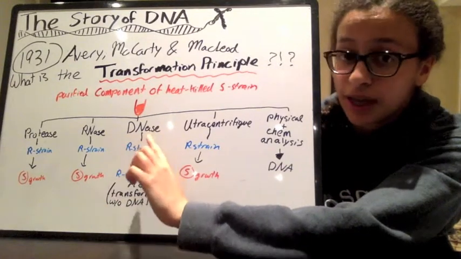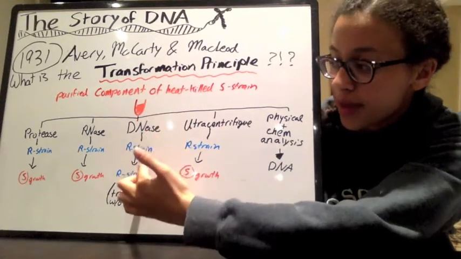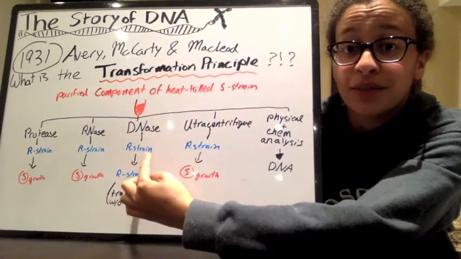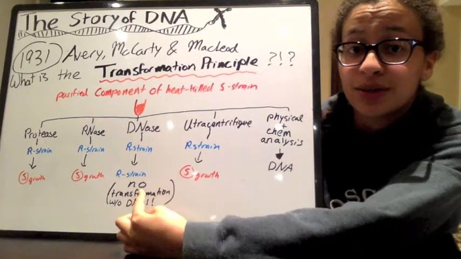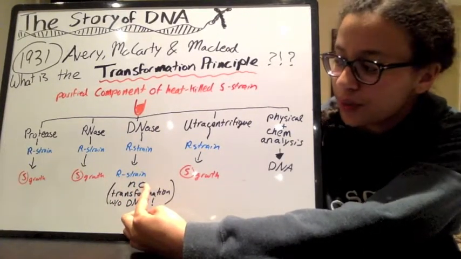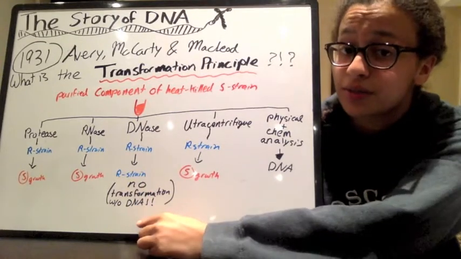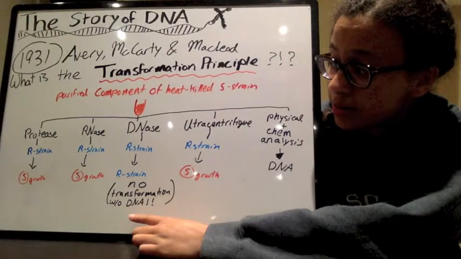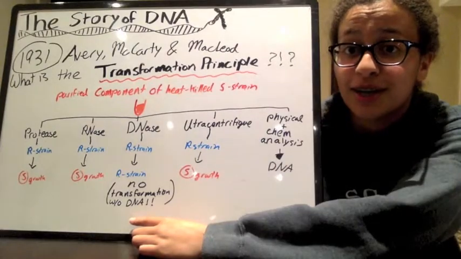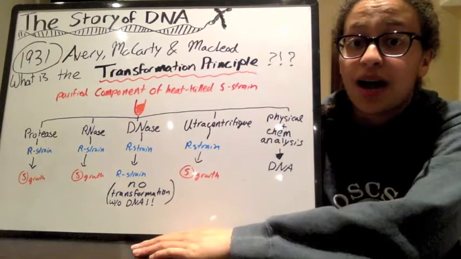If you use DNase, which breaks down the DNA in your sample, and then you add that to the living R strain, you don't see a transformation. You still have R strain after. So the only time that we didn't see a transformation is when the DNA was not acting. The DNA was not able to do its work and actually cause this transformation.